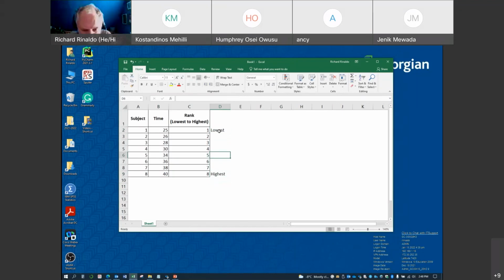Now, when I have an even number, the median is the middle rank.